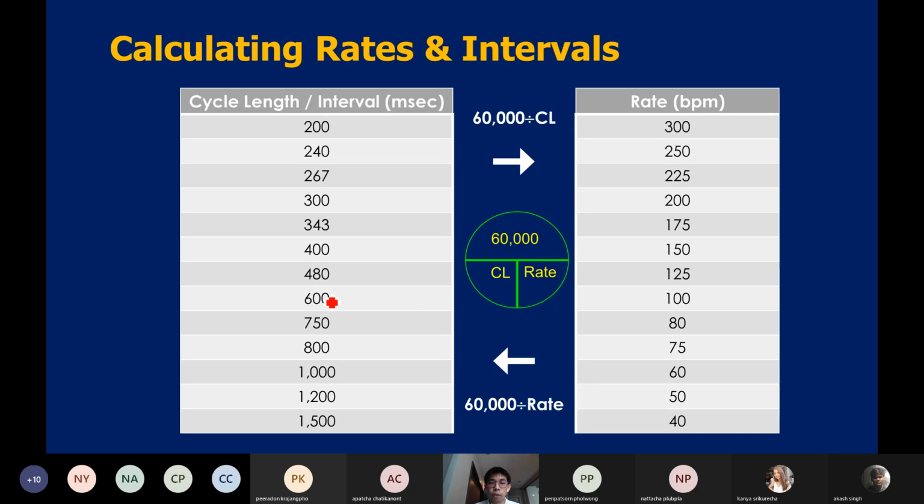You use 60,000 divided by 600, so the patient would have a rate of 100 beats per minute. And if you divide 60,000 by the rate, you can convert it back to the cycle length in milliseconds.